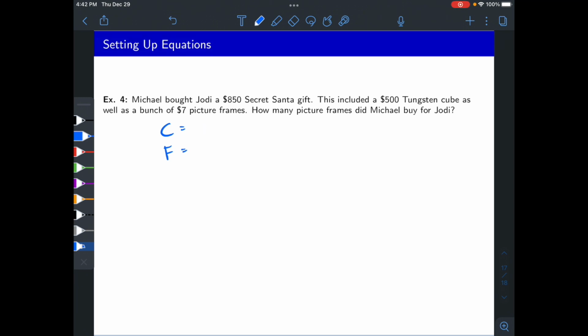So C is going to represent the total purchase cost, and F is going to be the number of picture frames bought.